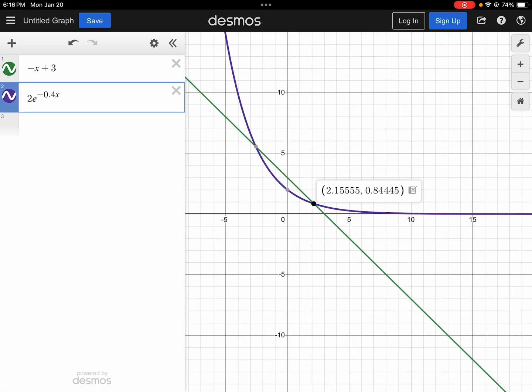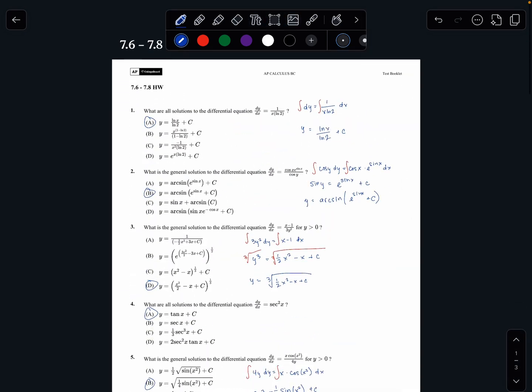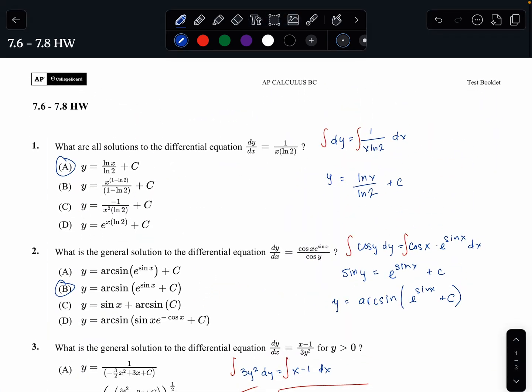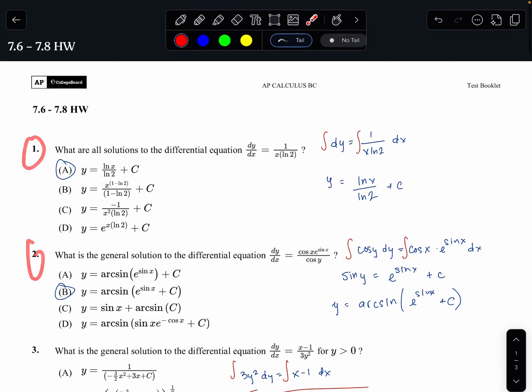And we have it at 2.155, 2.156, so gotta be C. Okay, I know that one was a bit of a longer one, but it's good practice. A lot of times you'll see these questions on the free response often, so okay.